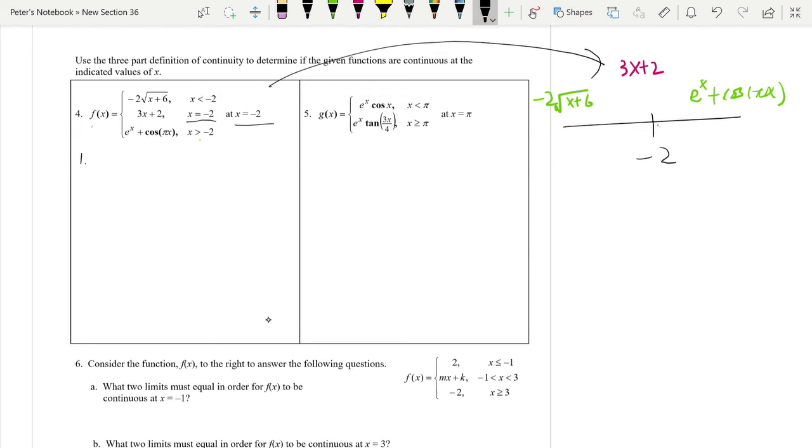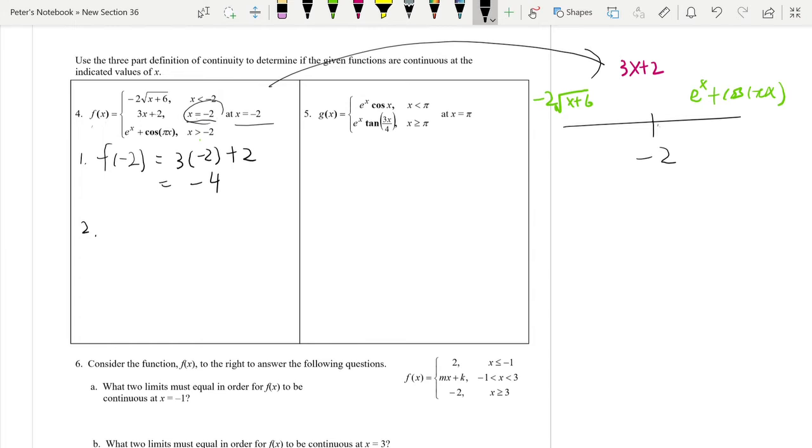So f of negative 2, we have to use this function because when x is equal to negative 2, it follows that equation. So you do 3 times negative 2 plus 2, which gives you negative 6 plus 2, so negative 4. So it is defined to be negative 4.